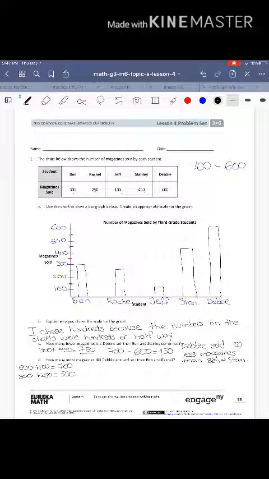So how many more magazines did Debbie and Jeff sell than Ben and Rachel? So what do we do now? We minus to see how much more Debbie and Jeff sold. So we do 700, which was my first answer, minus 550. This is a total of 250. So now I have to do my full answer.